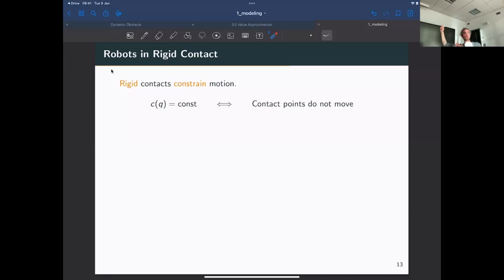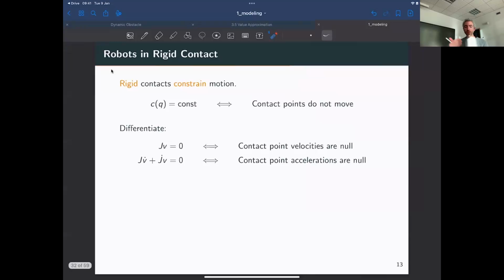So if the robot has a certain joint angle, that's it, we cannot change it. What we can change instead is the joint accelerations. So we need to make this constraint a function of the joint accelerations, which however is not difficult because we can just take the derivatives of this expression.